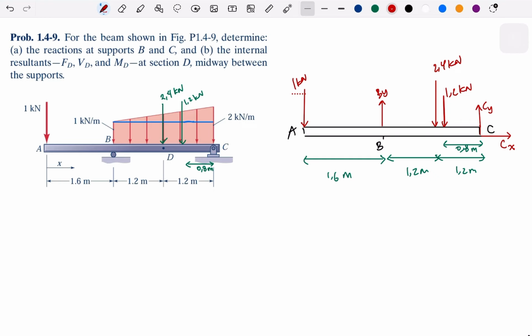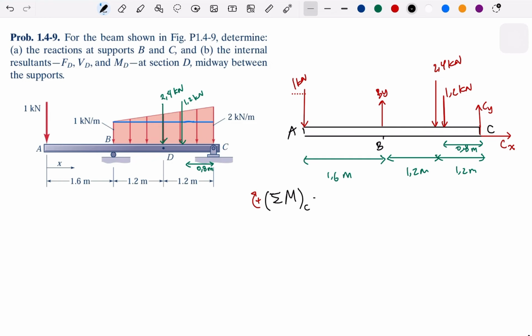Okay, I think because we want to know B and C, we can find B first. That is supposed to be easy. So first is taking the moment, and let's say this is going to be positive there.